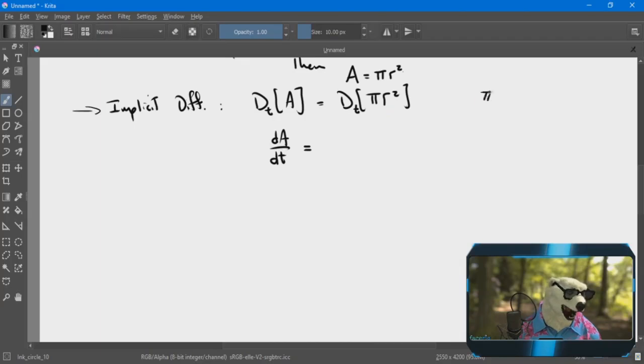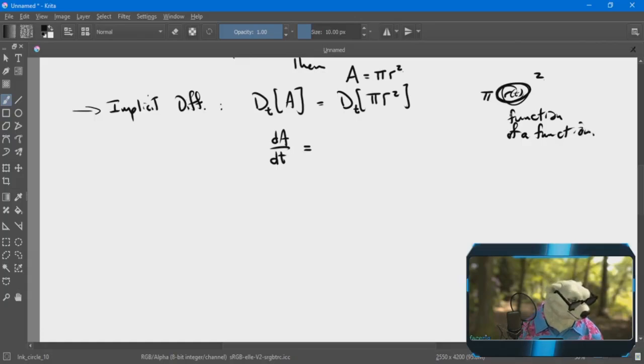So I have this constant pi, I have this r, which is a function of time, and then I square it. That's a function of a function. The inside function is this radius function that I don't know what it looks like exactly. The outside function is the square function.